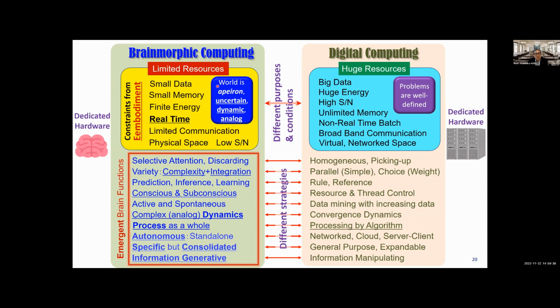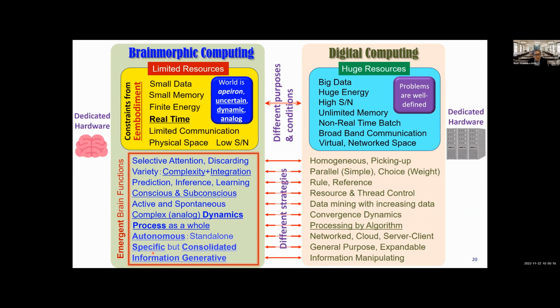So the brain invented some peculiar functions like selective attention and discarding information before processing, or some very heavy conscious process, which exists only one in one brain, and many subconscious lightweight processes, or the dynamics of process as a whole.